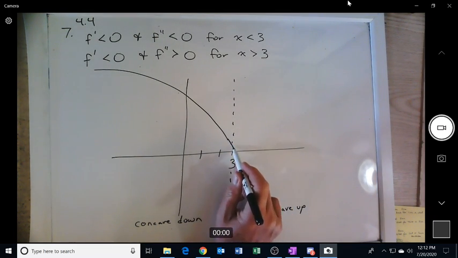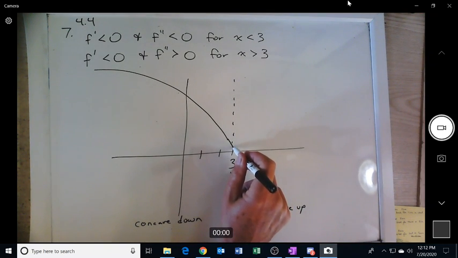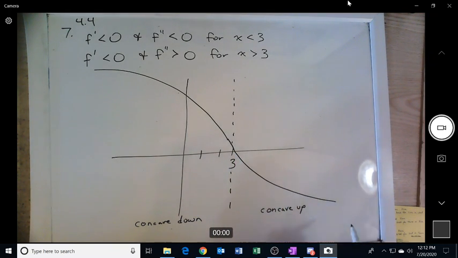Here's the inflection point. Now I'm going to be decreasing in such a way. Still decreasing, but now this bowl, if it kept this pattern, it would hold water if it went on up. So that's number 7.